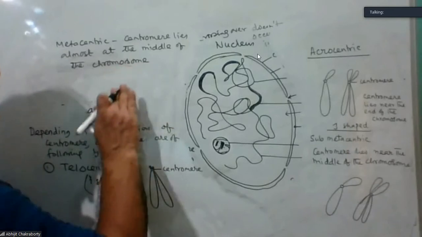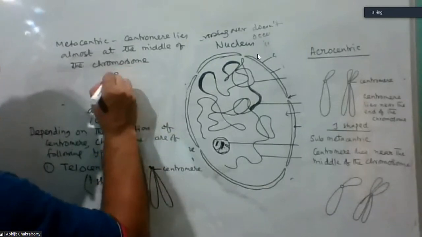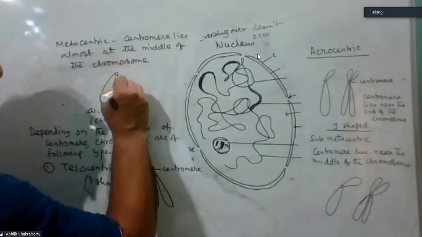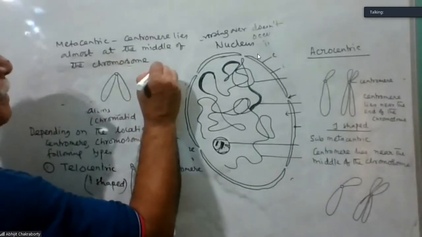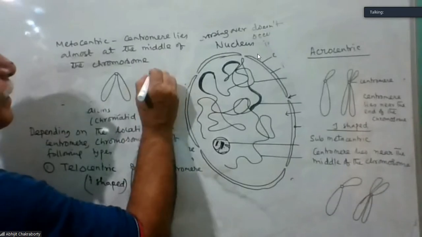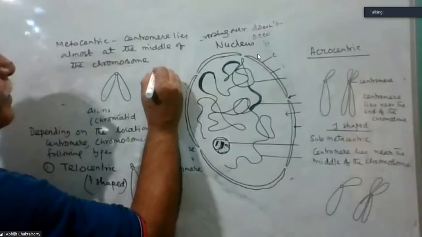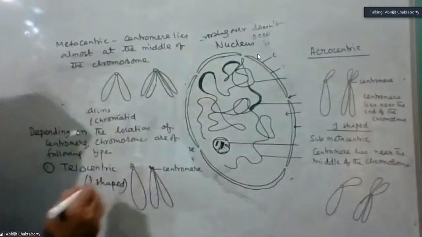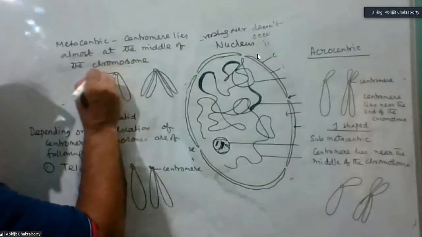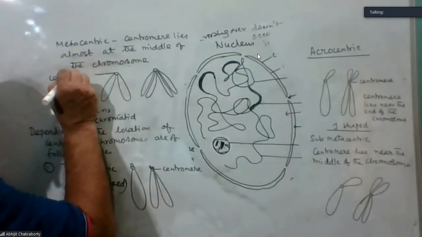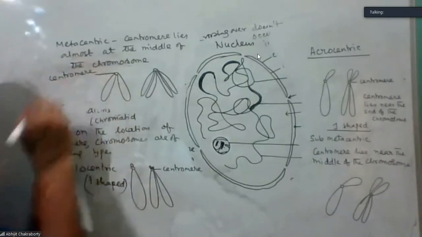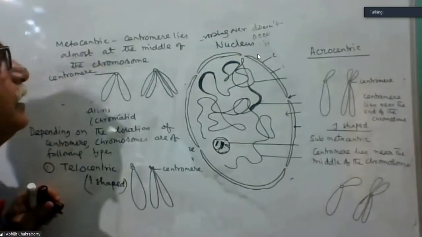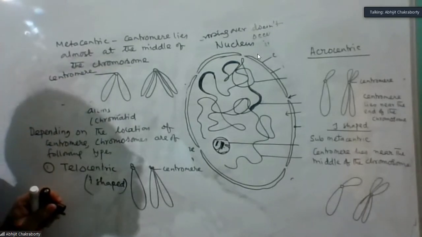You can do it like this. So here this is the centromere. It lies almost in the middle of the chromosome.